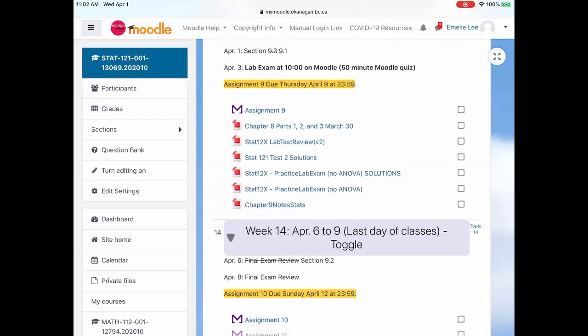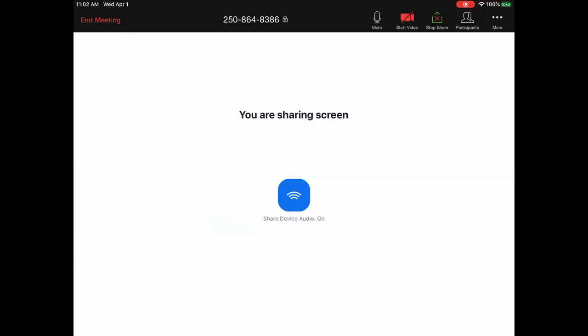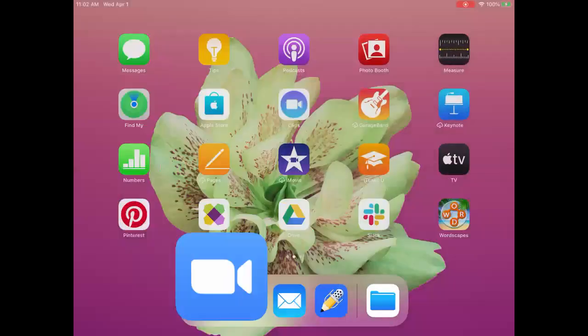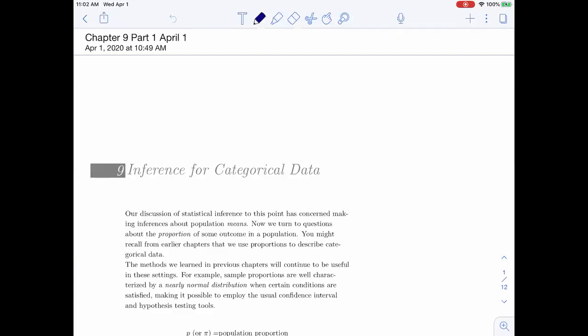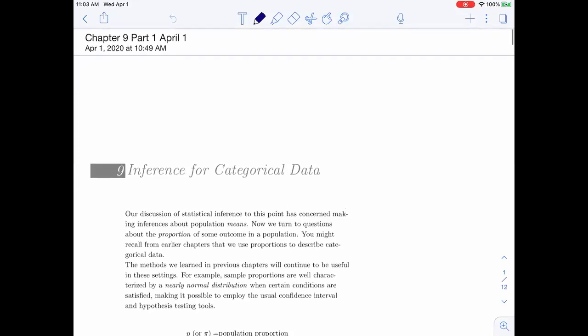Okay, first off, any questions before we start here? So we're starting chapter 9. What's nice about chapter 9 is that we're still doing hypothesis testing, we're still doing confidence intervals, right?